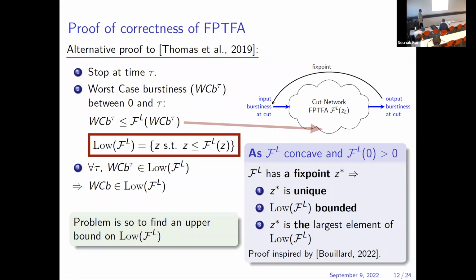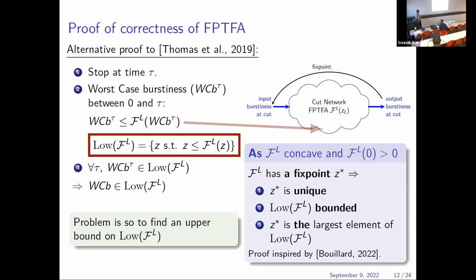Moreover, we introduce another theorem which says that if Epfl is concave and strictly positive in 0, then we show that this fixed point that we have found is unique. This gives us a unique valid delay bound.